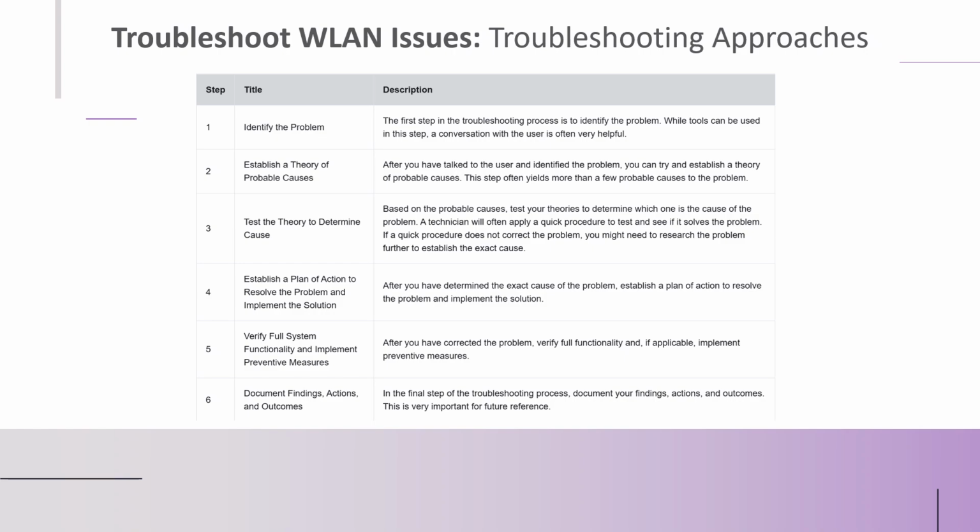We need to test the theory to determine the cause, and after that we have to establish a plan of action to resolve the problem and implement the solution. We verify full system functionality and implement preventive measures. And the last step is to document findings, actions, and outcomes. For everything that we have done, we have to document it.